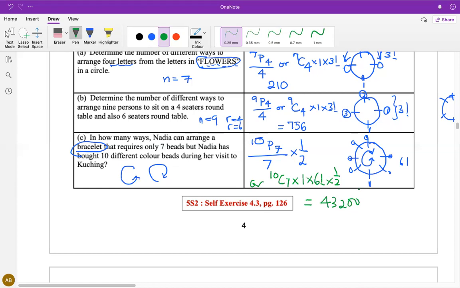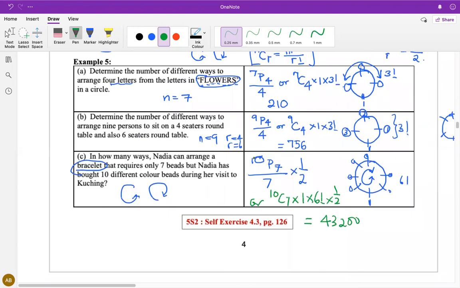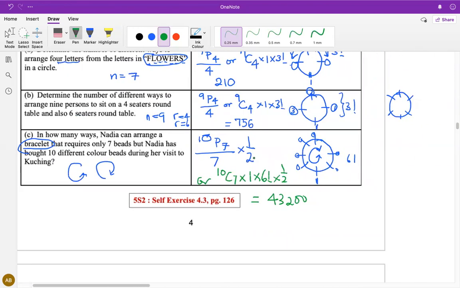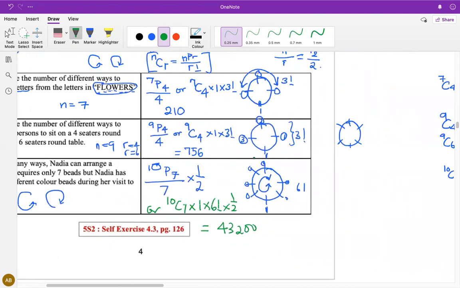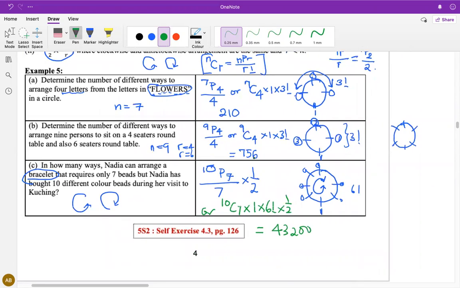If you use 10P7, divide by 7, divide by 2, it's 43200 ways to arrange the beads. All right, so B, if six sisters, then it is 9P6 over 6.